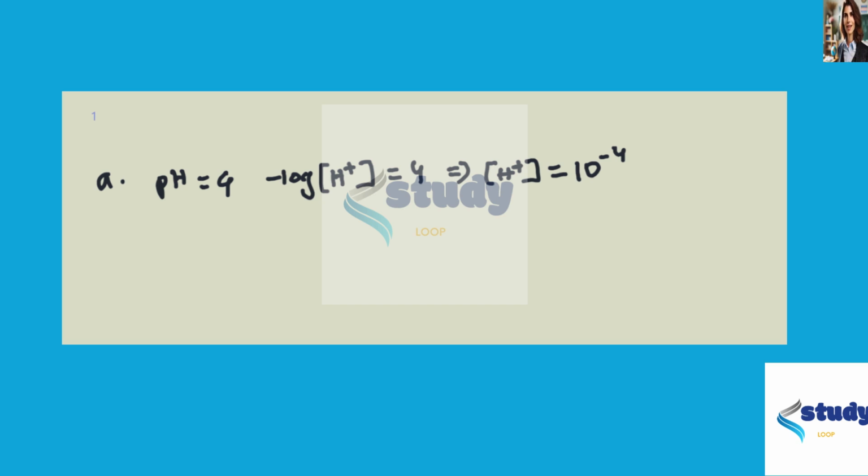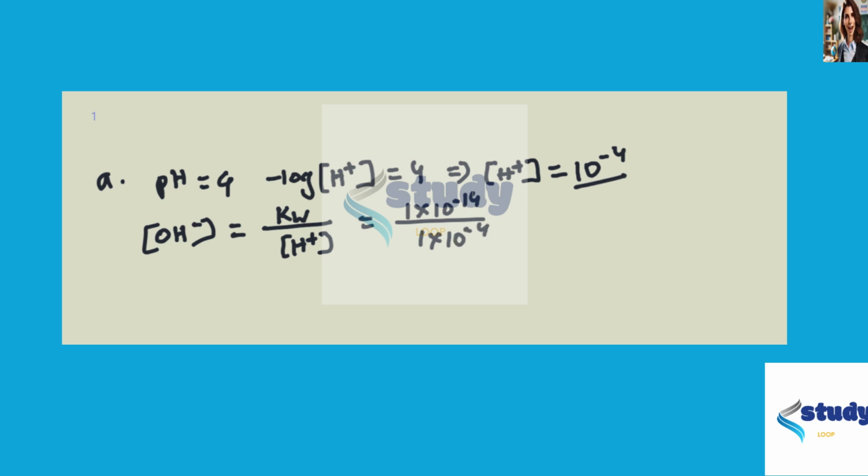Then we know the relation between H plus and OH minus: Kw is equal to H plus times OH minus, or OH minus is equal to Kw over H plus. We have a Kw value of 1 times 10 to the power minus 14, and an H plus value of 1 times 10 to the power minus 4. So we find the hydroxide ion concentration is 1 times 10 to the power minus 10.